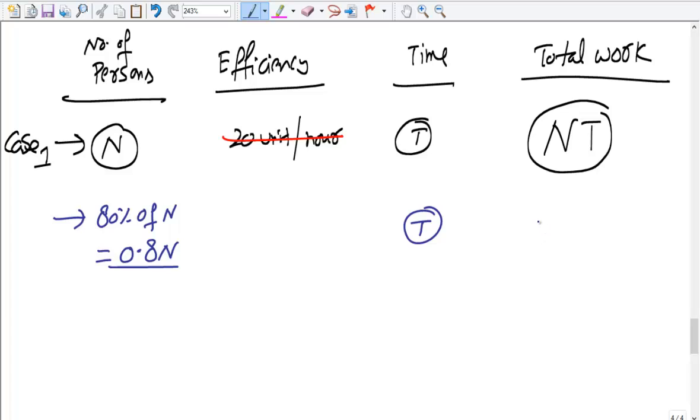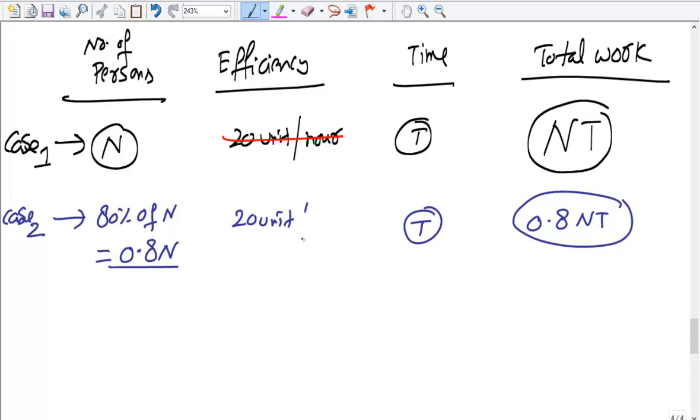Now they finish 0.8 nt of the total work. Find the difference actually between case 1 and case 2. The number of persons are down, however the time remained the same. Why did the time remain the same when the number of persons are down, and also when the efficiency still remained the same as 20 units per hour?